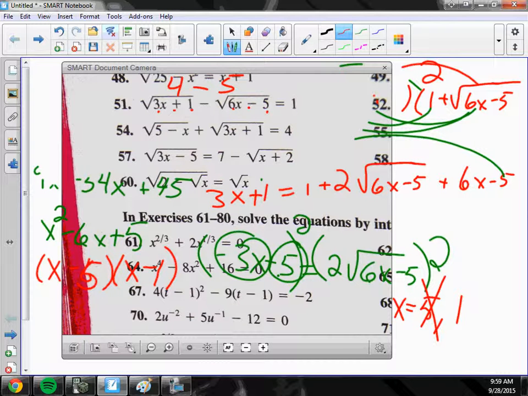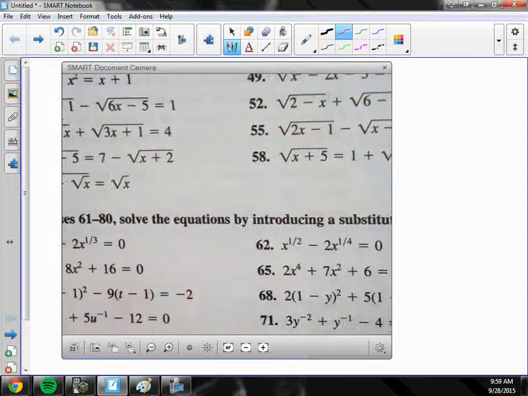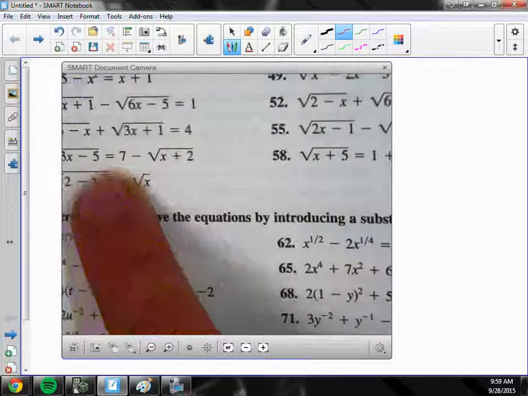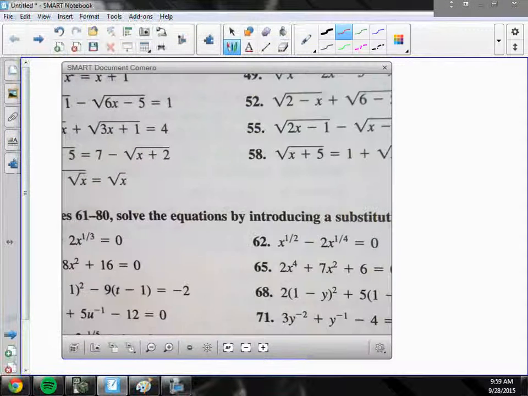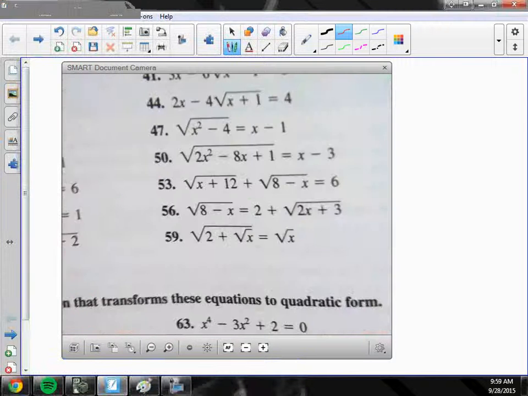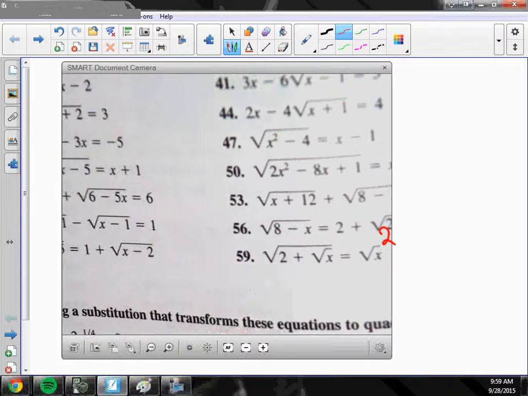Okay? Let me look at the last couple. 53 is the same. 55 is the same. 57 is the same. And 59, I think you can handle 59 now. So squaring it will eliminate that.